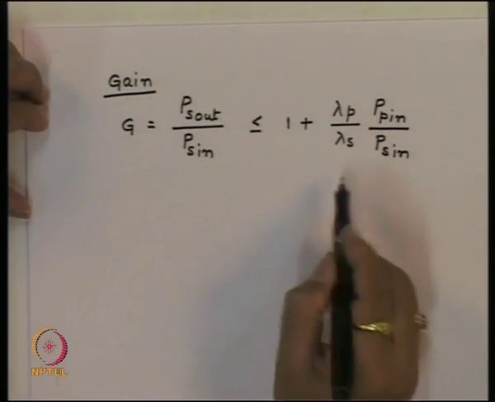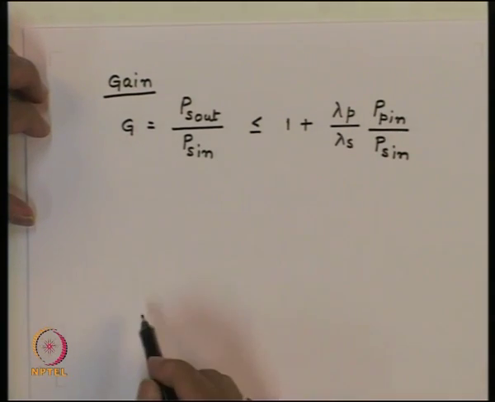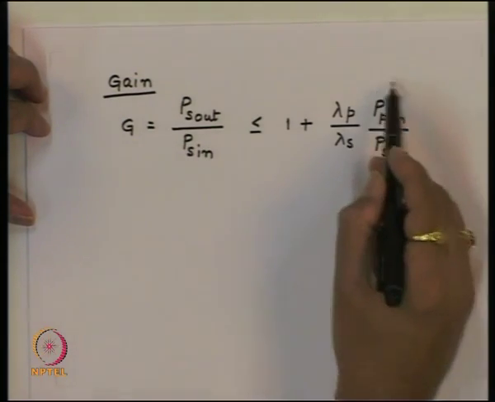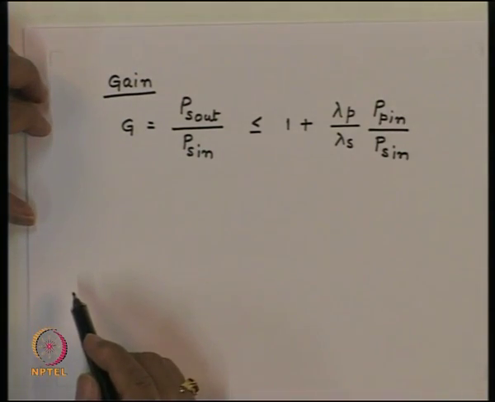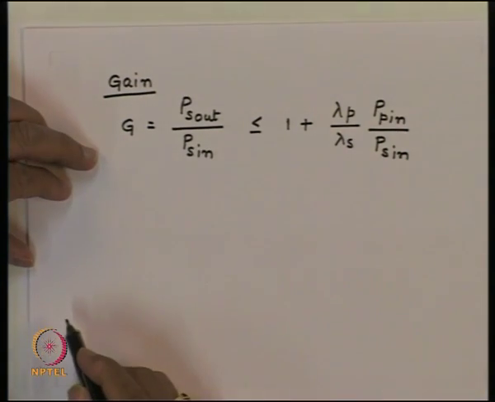So what we see now is that when P signal is much smaller compared to P pump, this quantity is large, and then we have the gain which essentially is given by this parameter.